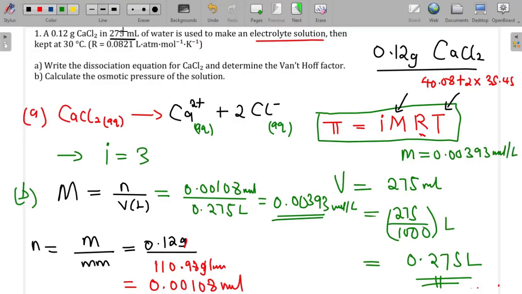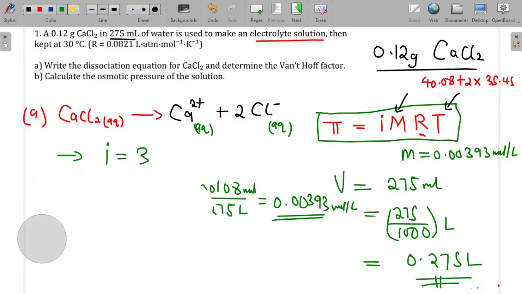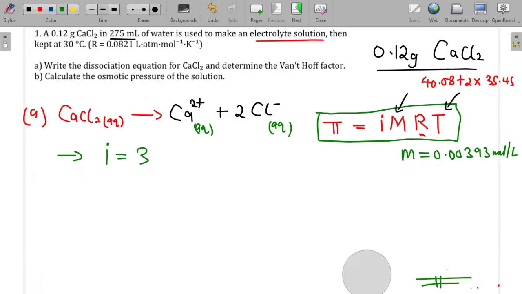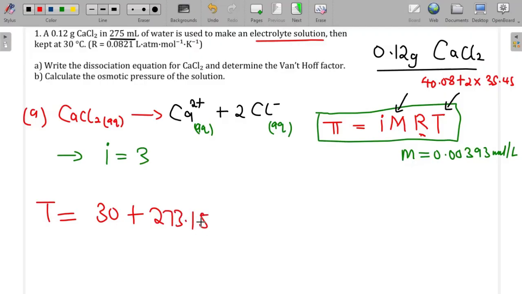So what is remaining? I have the Van't Hoff factor, I have the molarity. What is remaining is just the temperature in kelvins. My temperature in kelvins will be what I've been given, 30 degrees Celsius, plus 273.15 kelvins.